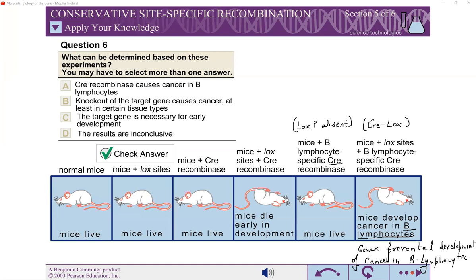This is a method that is being used. Okay. So knockout of the target gene causes cancer, at least in certain types of tissues.